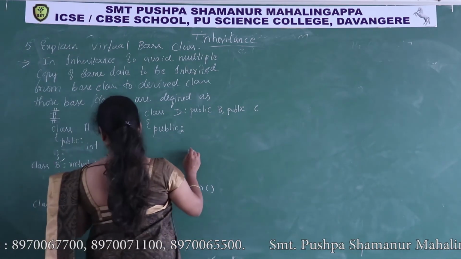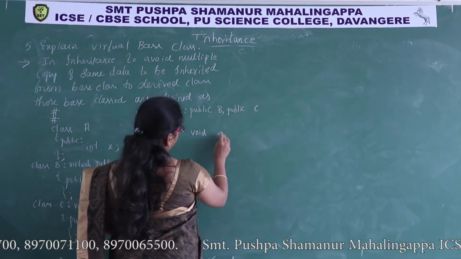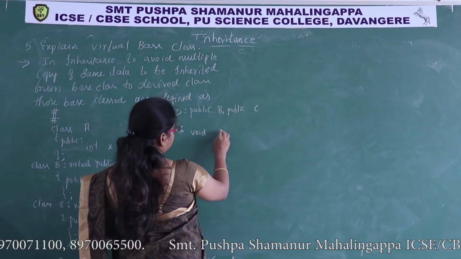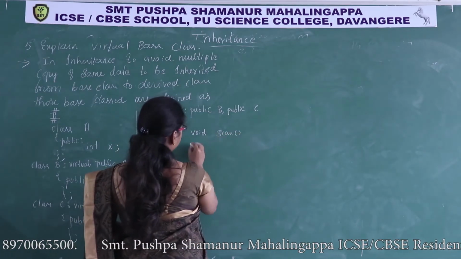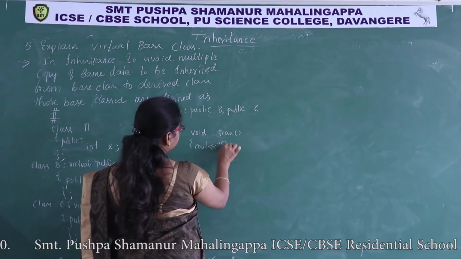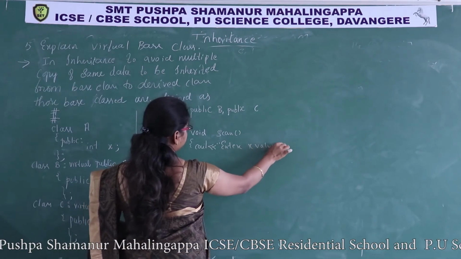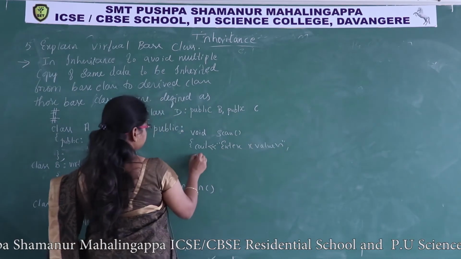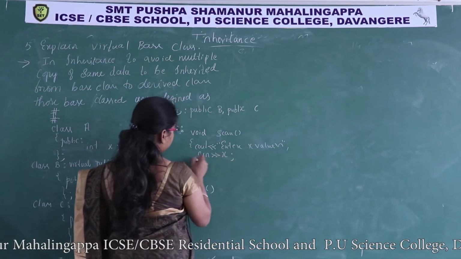Now I can read the x value. I'll take a function named void scan, cout, enter x value, and cin extraction.